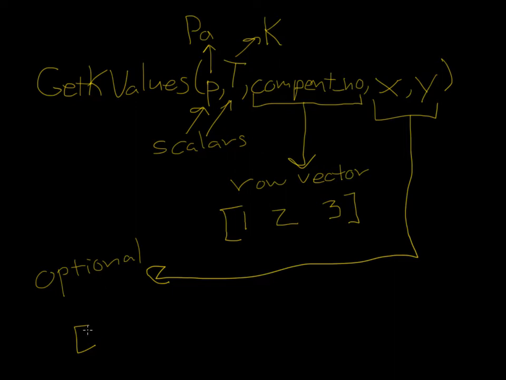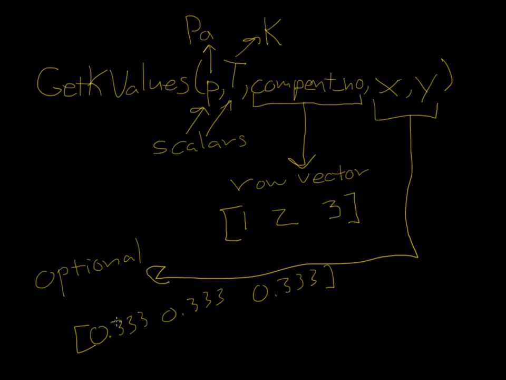Right, and of course these compositions should sum to 1. So again, if you have three components, you'll have a composition of 0.333 for each component in the equimolar case. If it's not equimolar, of course, it's whatever composition is represented by that component in each phase, right?